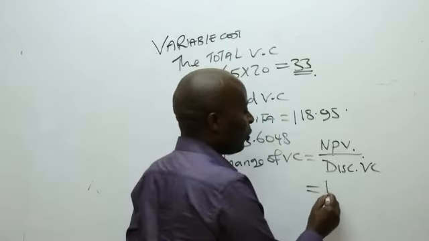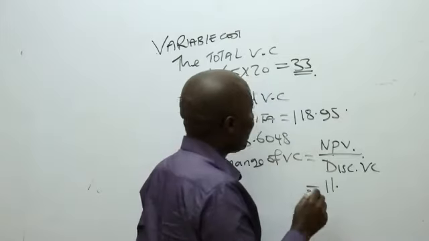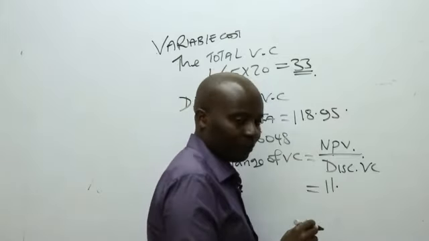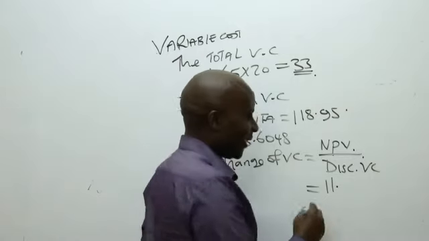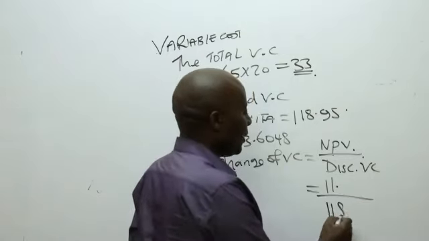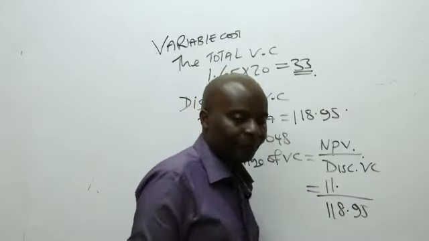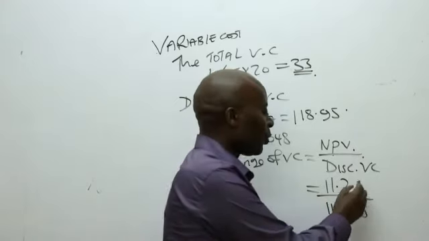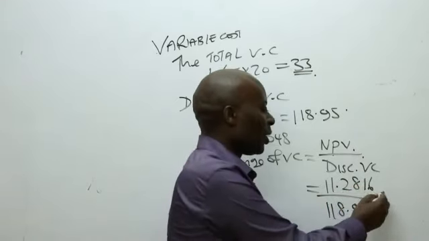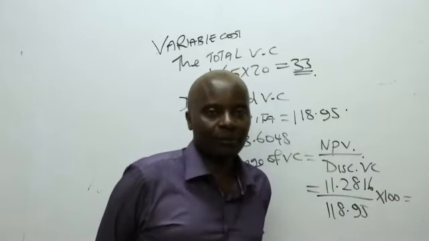NPV was 11.2 something, so 11 point all over 118.95. This will be 11 point what here, somebody? 11.2816. So times 100. So at the end of the day, what figure are we going to get?